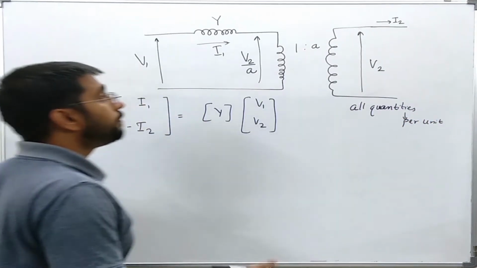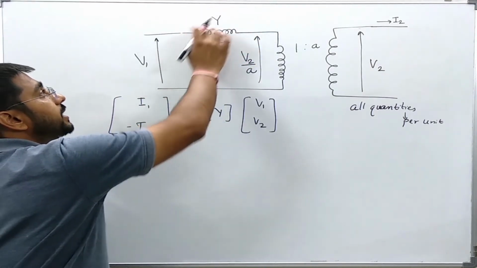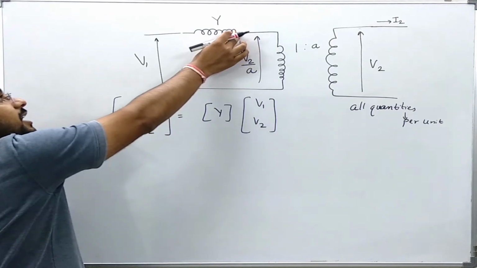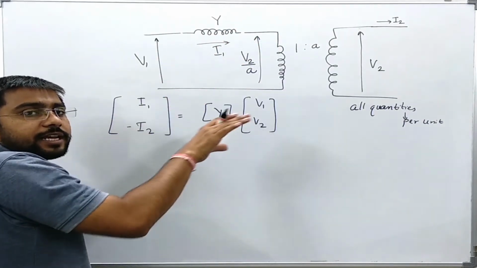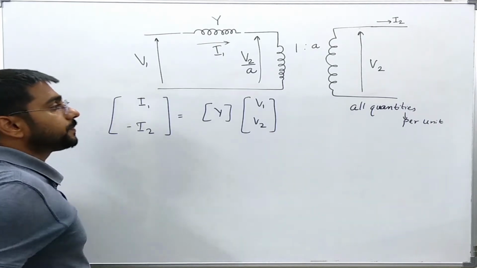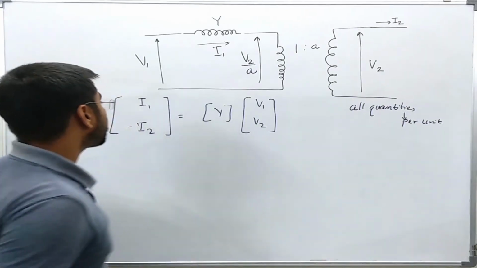You know why? Because here I have taken all the non-idealities in a transformer which was having the transformation in the ratio as that of the voltage basis. Okay, so all these quantities are in per unit.